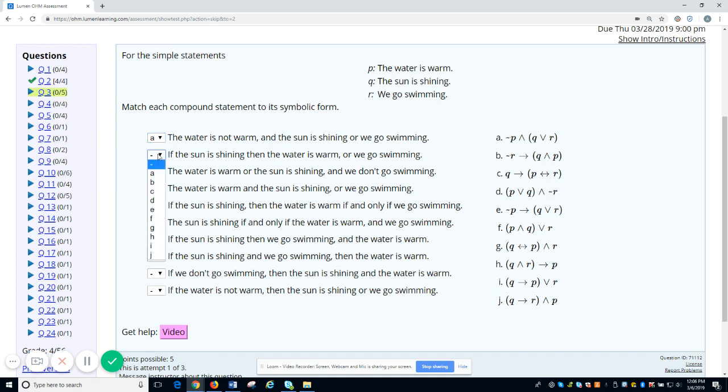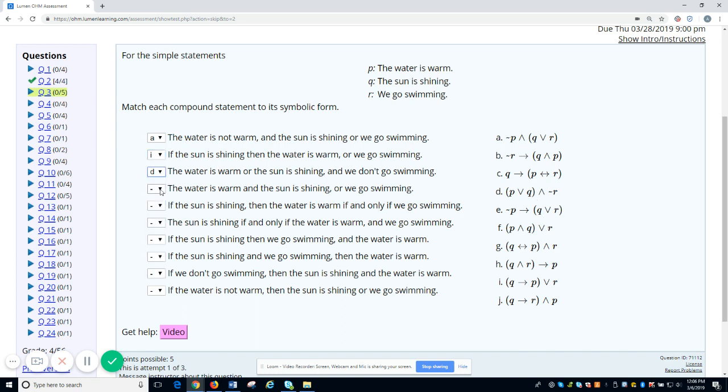So that looks like I. The water is warm, P or the sun is shining, so P or Q in parentheses. There it is. O and not R, yeah. That's D.